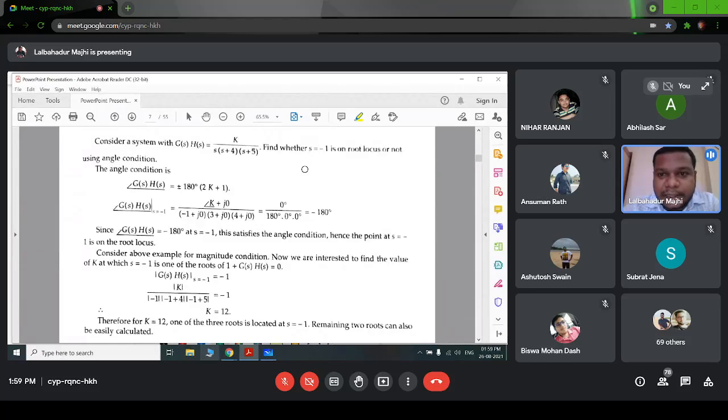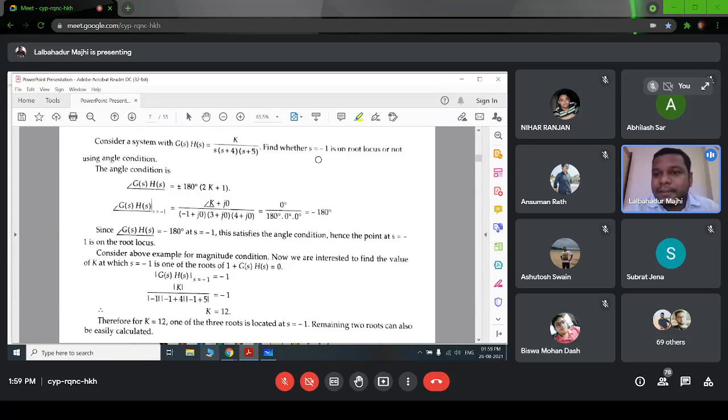So here is the use of the angle condition and magnitude condition. We know the angle condition is used to find whether a point is lying on the root locus branch or not. So s equal to minus 1, it is a point.